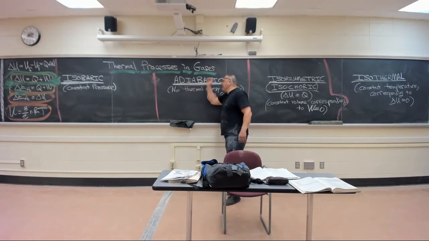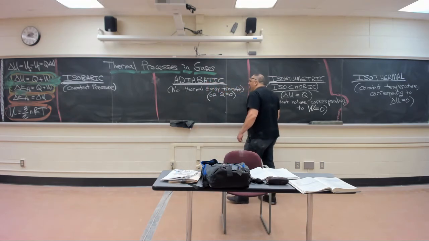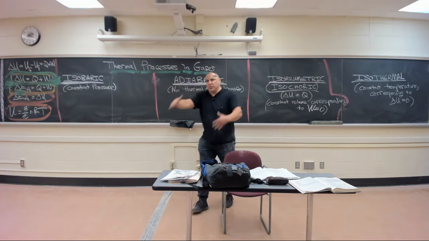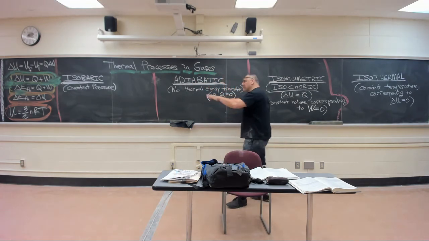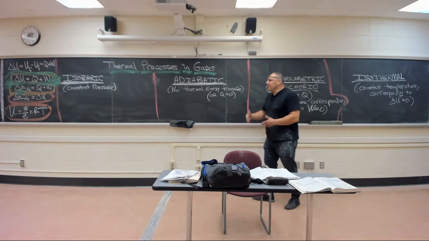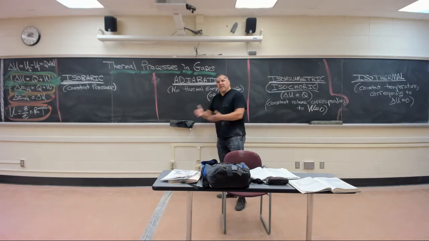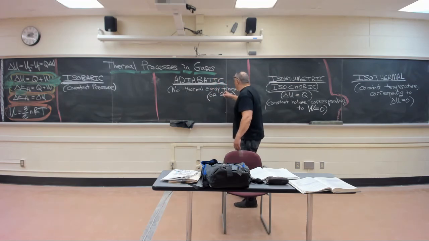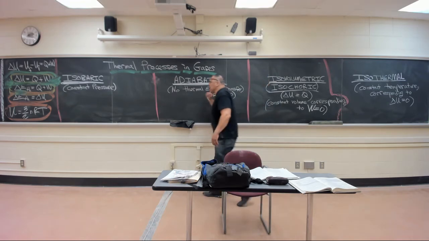Adiabatic, adiabatikos. A means not, and diabatikos means through. There's nothing moving into this, nothing moving out of this in terms of thermal energy. So no thermal energy transfer, Q equals 0. Q equals 0 is an adiabatic process.